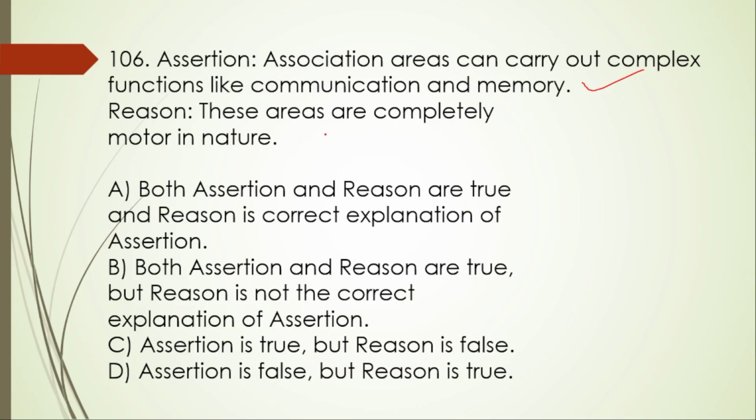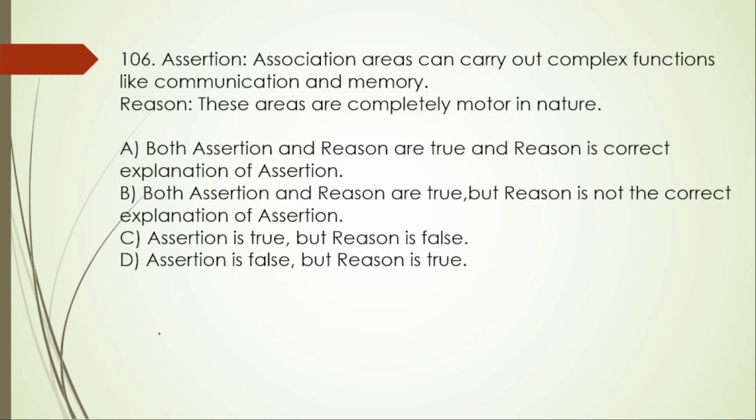This one is false because the association areas are not completely motor. In fact, they are large regions that are not specifically sensory, allowing them to integrate various types of information. So assertion is right, but the reason is wrong. So here we will go with option C.